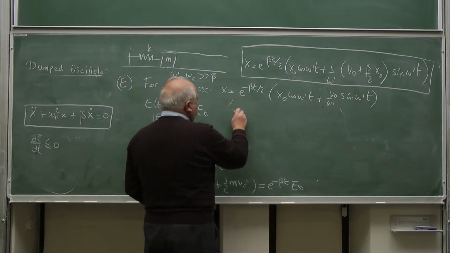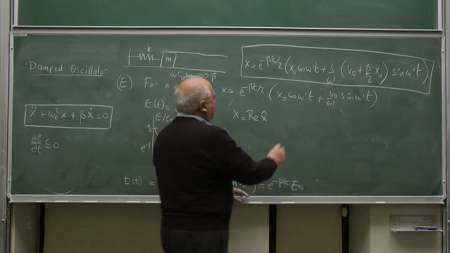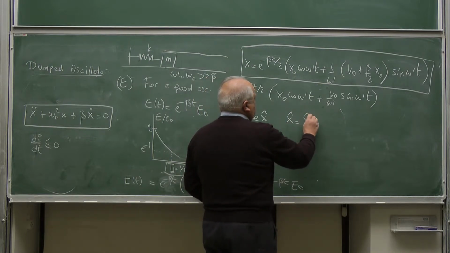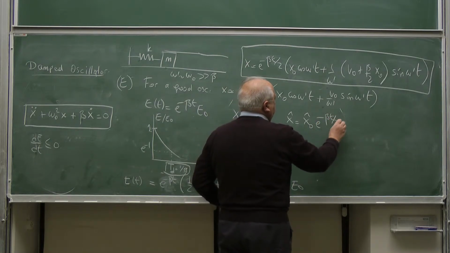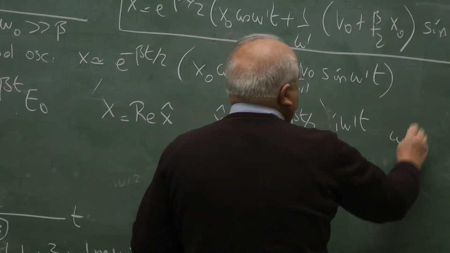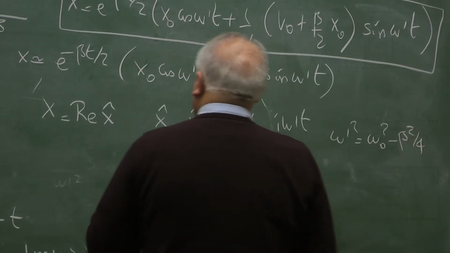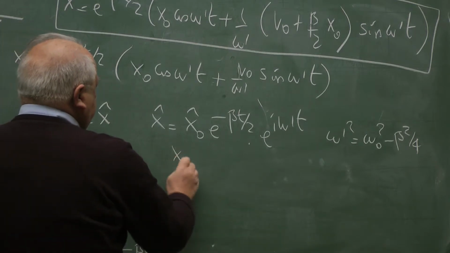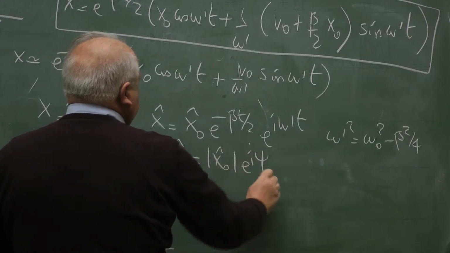I want to represent the solution as the real part of x hat, and I want to write x hat as a complex constant, e to the minus beta t over 2 times e to the i omega prime t. Remember, this omega prime squared is the shifted frequency, omega 0 squared minus beta squared over 4, with x0 equal to its magnitude times e to the i psi.